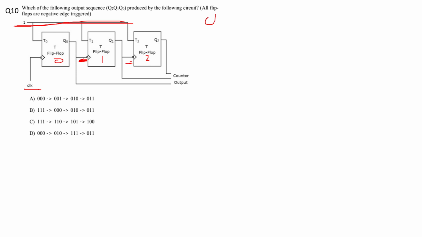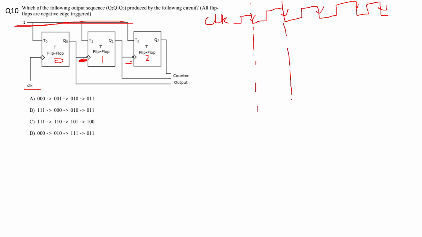So we'll just first start with clock. So I'll just construct the clock. I will mark all the negative edge triggering. So Q2, Q1, Q0. Let's just assume Q0, Q1, Q2 initially were 0, 0, 0.